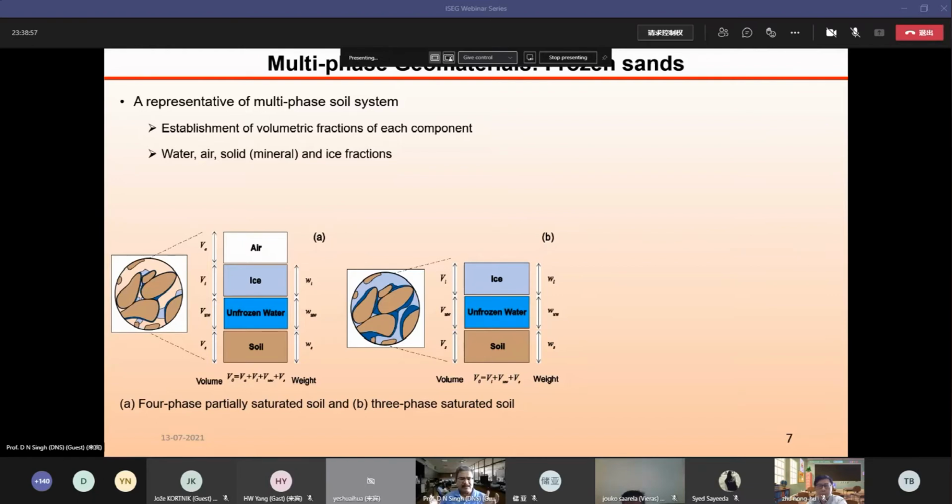I started my research by considering how much fraction of the water gets frozen, how much water remains unfrozen, and what the interaction is between these phases. So we have come out with these types of models where the gas hydrate bearing sediments have been defined as a 4-phase or a 3-phase system like your unsaturated soils, and then we are trying to come out with the empirical relationships.